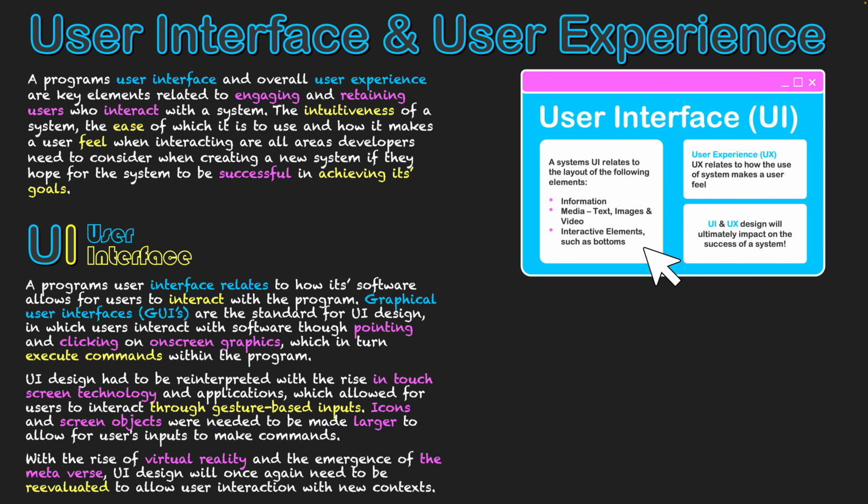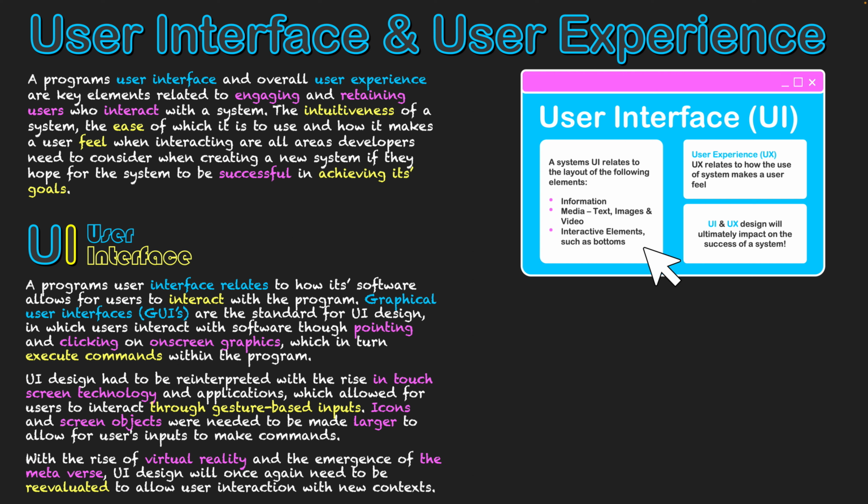But UI design then had to be reinterpreted with the rise of touchscreen technology, which came with mobile phones and tablets and now is in a lot of gaming systems and computer systems as well, essentially allowing users to interact through gesture-based inputs. Touchscreen has been around for many, many years, but once it started to become more mainstream and multi-touch was brought along, it gave us more options for what we could do when touching the screen, and thus user interface had to be built around this.